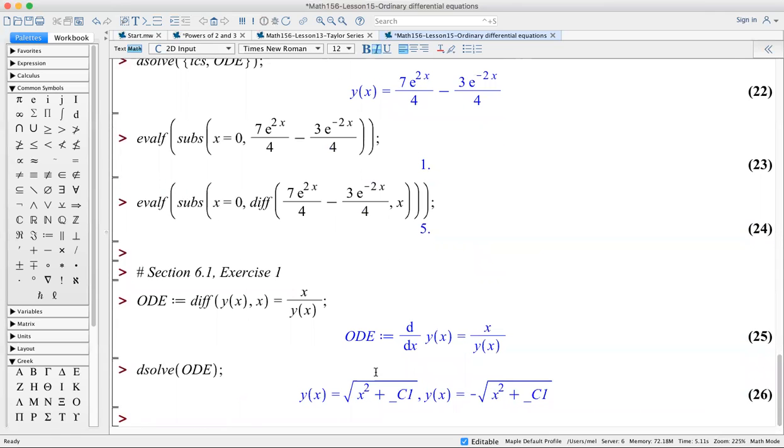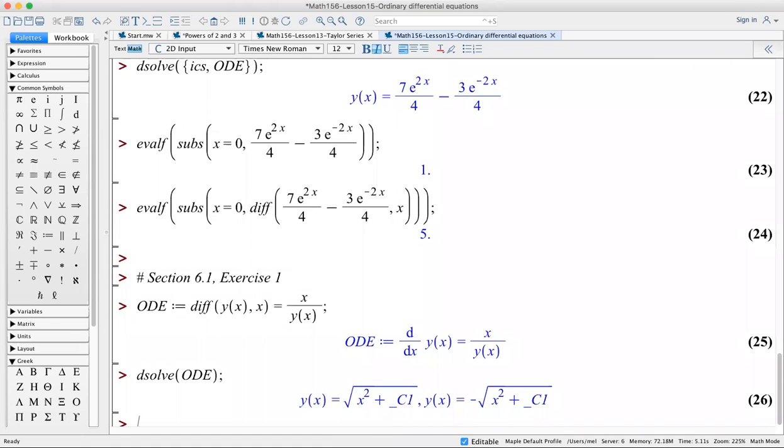So the solution is the square root of x squared plus a constant, or minus the square root of x squared plus a constant. So this differential equation has two solutions. If you solve this equation by hand, that's exactly what you get.